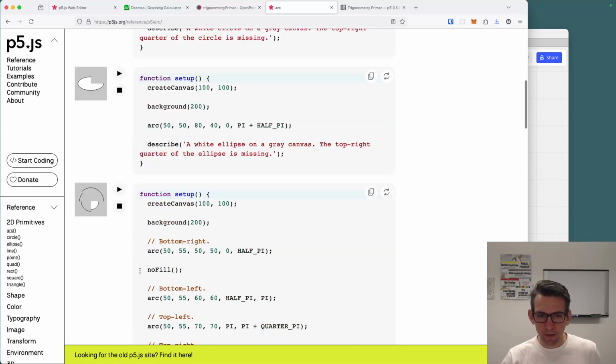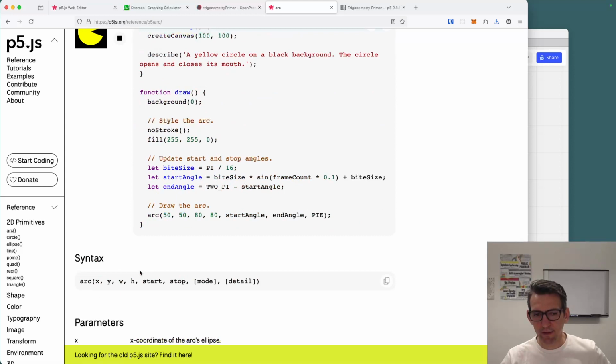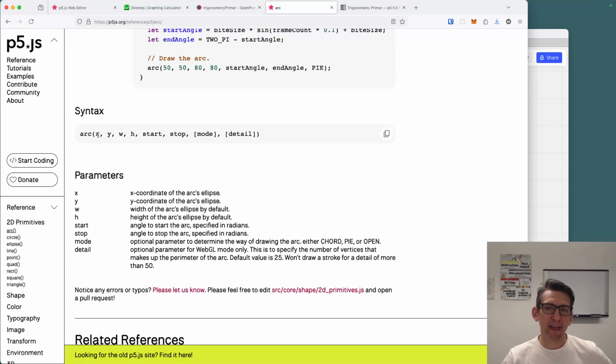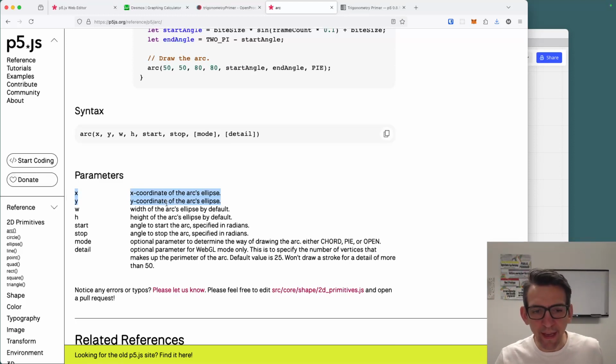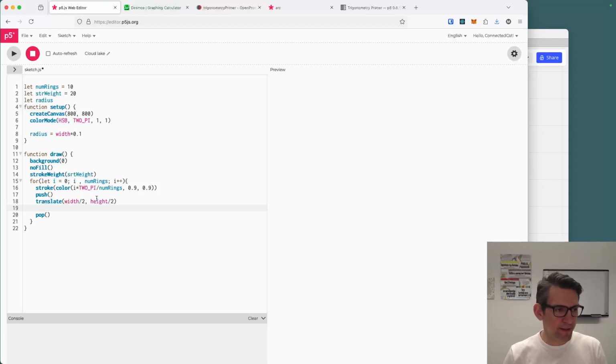So the first, let's go to the definition right away. So we're gonna have x and y be the center of the arc's ellipse, right? So around which point the arc is gonna be drawn. Okay, and then the next one is gonna be width and height of the ellipse. Okay, so all of my arcs are going to be drawn around the same 0,0 point.